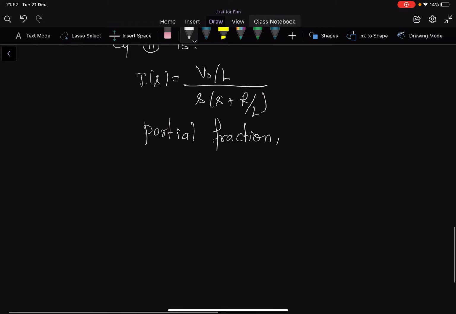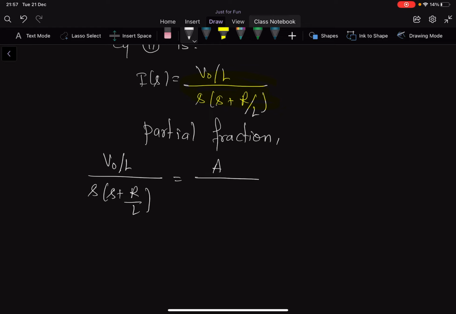If I apply the partial fraction, then I can take this fraction, the main complicated fraction, and separate it into two fractions: A over s plus B over s plus R over L. What's the idea here?